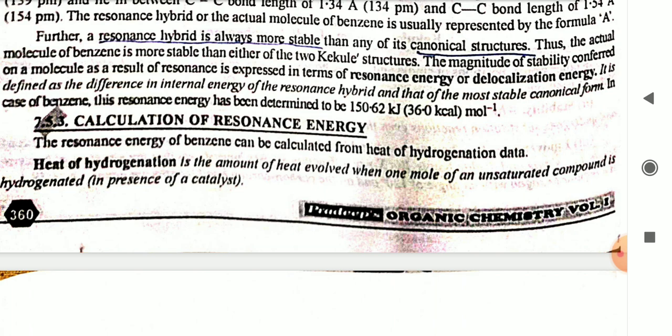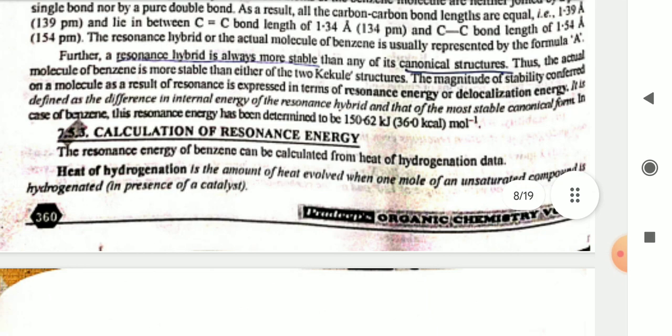Calculation of resonance energy. The resonance energy of benzene can be calculated from heat of hydrogenation data. Heat of hydrogenation is the amount of heat evolved when 1 mole of an unsaturated compound is hydrogenated in the presence of a catalyst.